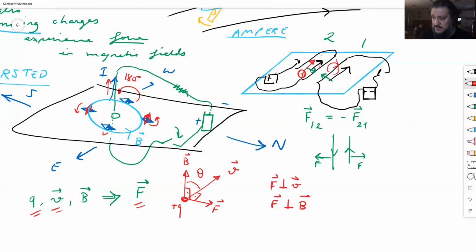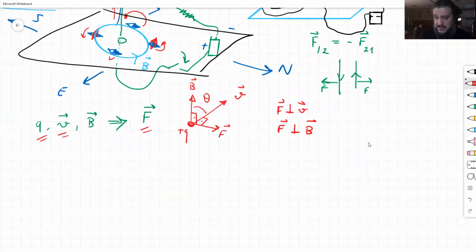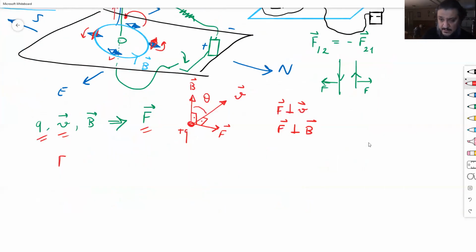So that's what we call a cross product in mathematics. A cross product of the vectors V and B. So experiments show that the force is linear with both V and B. If you double the velocity, you double the force, etc. And F is linear in Q. So F will be equal to Q times V cross B, right?